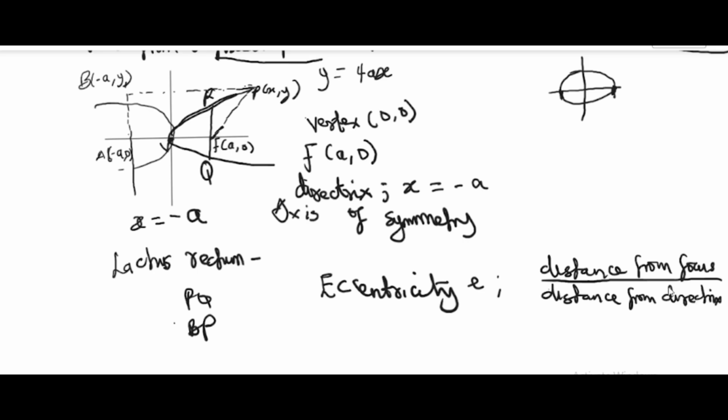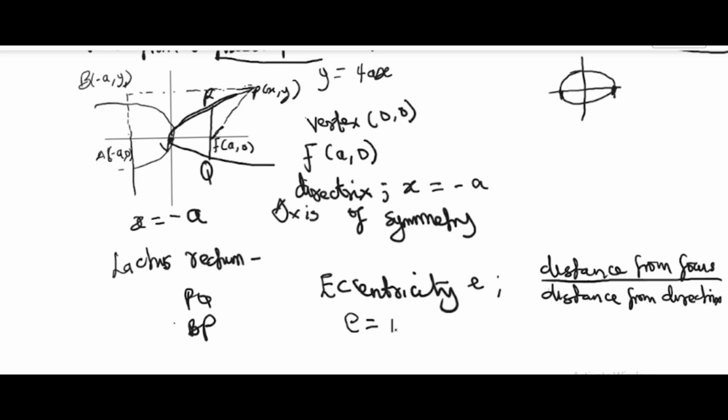So now if we are given a coordinate x, y, and we are asked to find the eccentricity, when you get your focus A, you take your x minus A. All right. So when you get the distance from focus, you know how to find distance between 2 points, right? Good. Find distance between points P and F, and then find distance between points P and B. Take the ratio. For a parabola, eccentricity E is equal to 1.